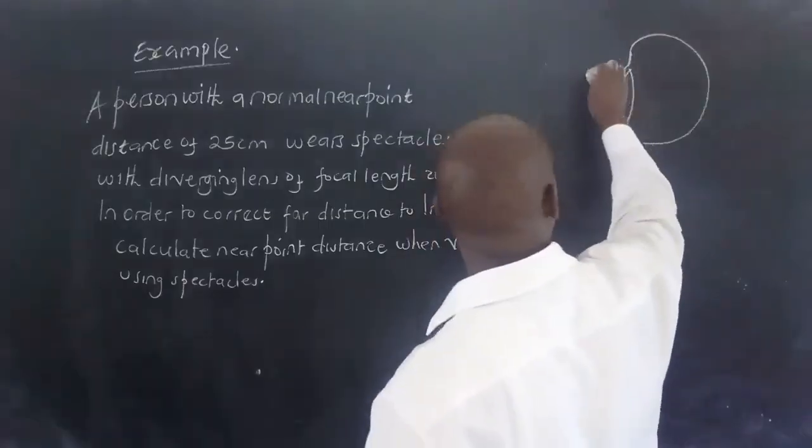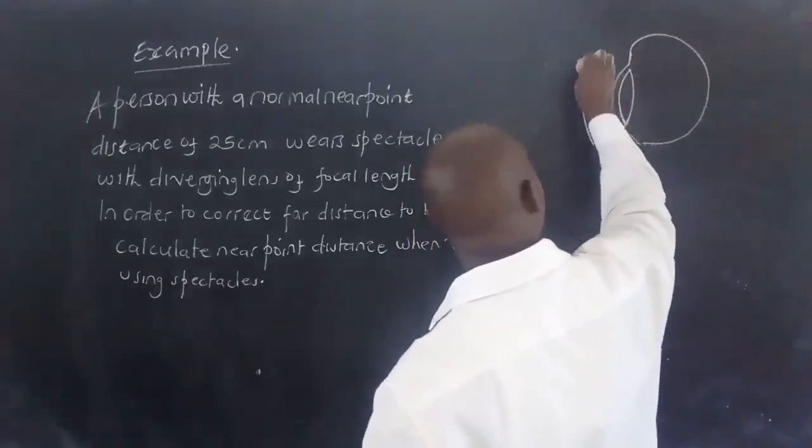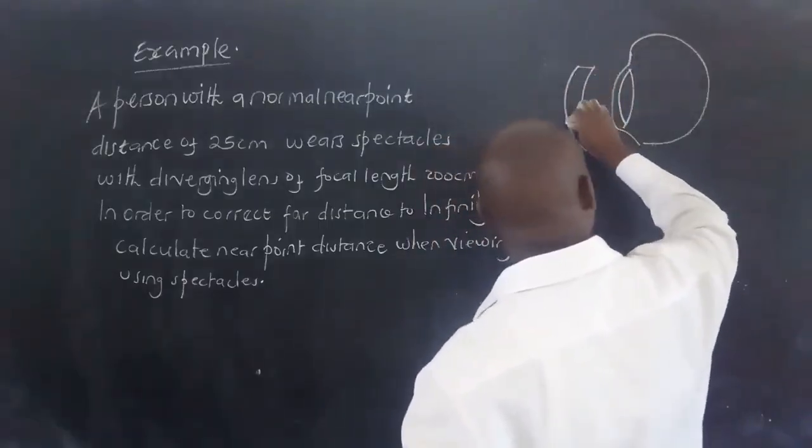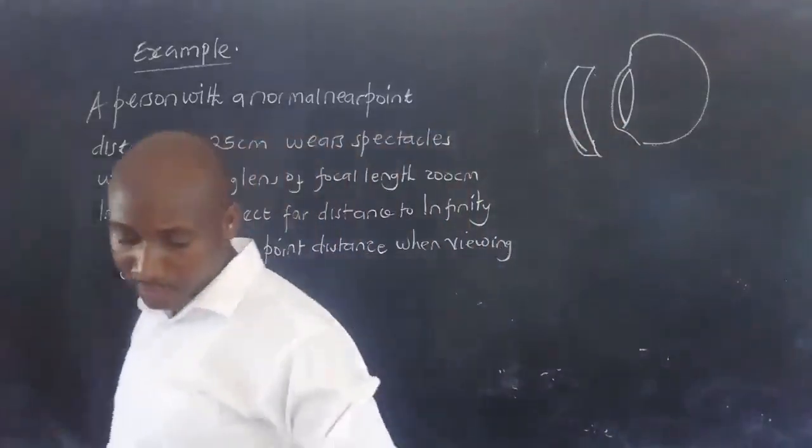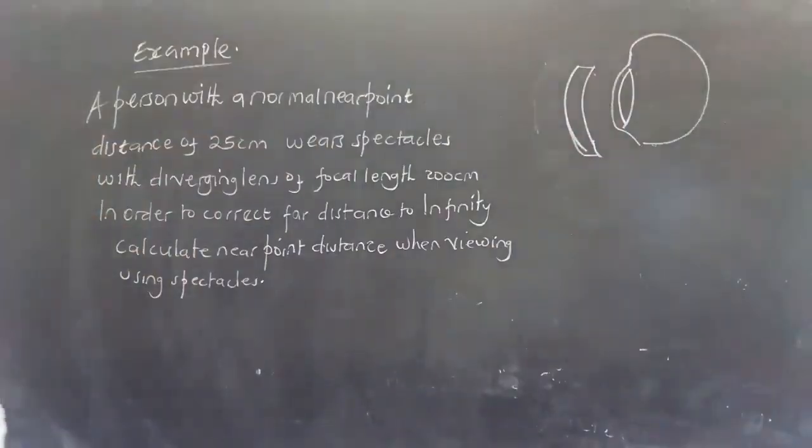So we put here the diverging meniscus. This person, who has short-sightedness, cannot see far objects clearly, which means this person can see near objects clearly.